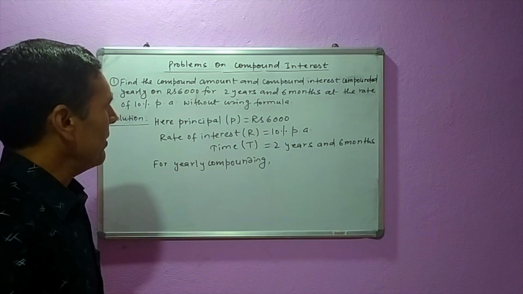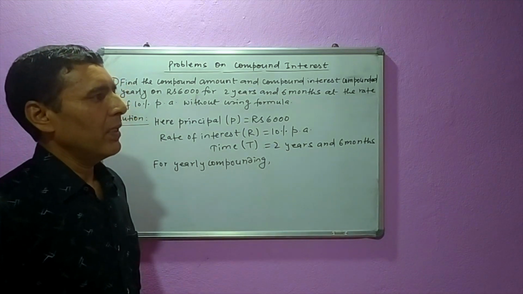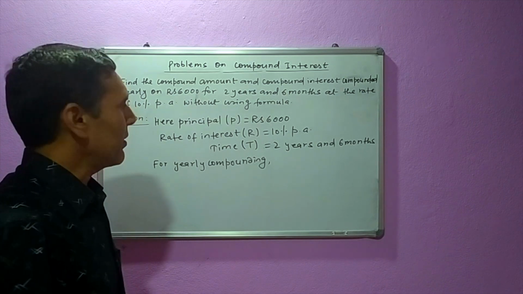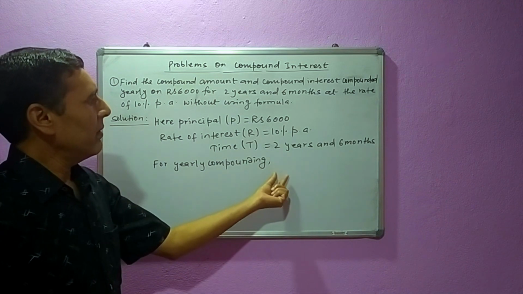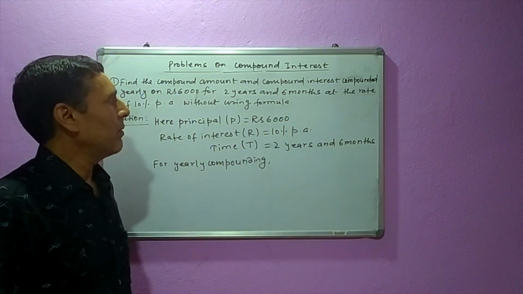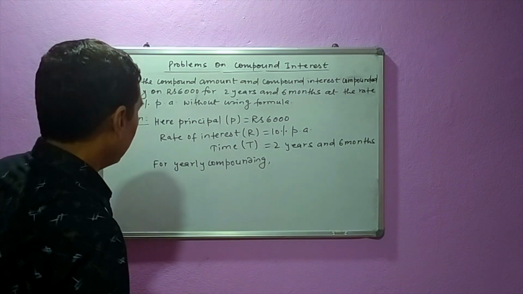The sum of the interest of the first year, second year and 6 months gives the total compound interest, and by adding the interest to the principal we'll get the amount. Okay, let's start.